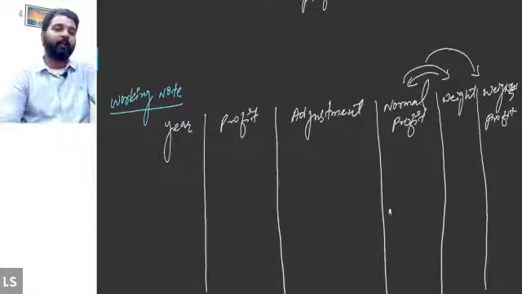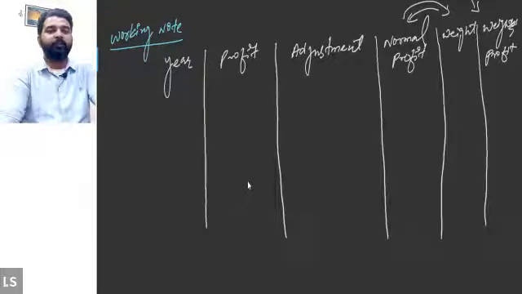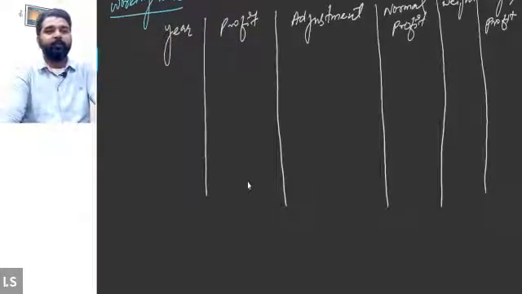After calculating the total weighted profit for different years, we will then calculate the weighted average profit by dividing the total weighted profit by the total weights given in the question.